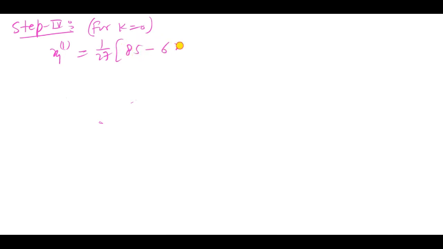Now in step 4, for k is equal to 0, that is put k is equal to 0 in equation 1, then we obtain x1^(1). So x1^(1) is equal to 1 upon 27 times (85 minus 6 x2^(0) plus x3^(0)).